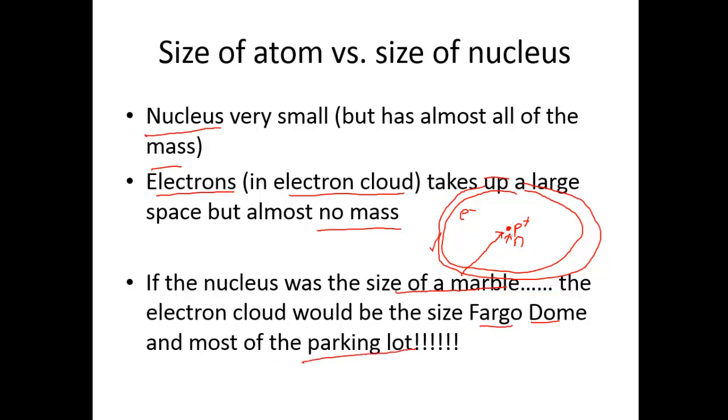So when we compare the nucleus to the electron cloud, we can see that most of the atom is empty space, with a very dense center and then mostly empty space there. So that's just a crazy comparison when we think about the atoms and everything that makes us up are mostly empty space.